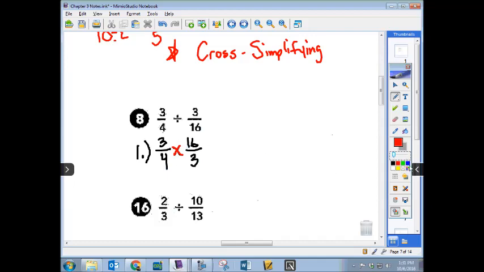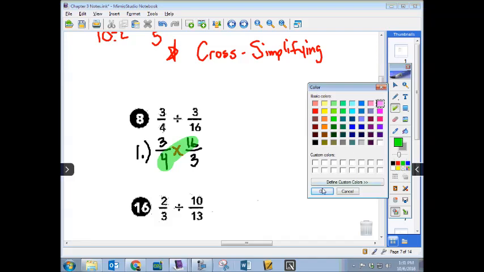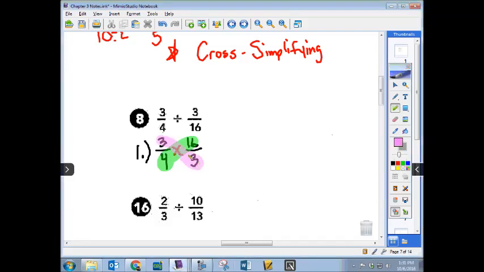Okay, and what it is basically, you look diagonally, crossways. So you're going to look like this, and then you're going to look across here like this. And basically what you're going to do is figure out a factor that they have in common. For instance, what factor does 3 and 3 share? Hopefully you're all saying, well, 3 has factors of 1 and 3.